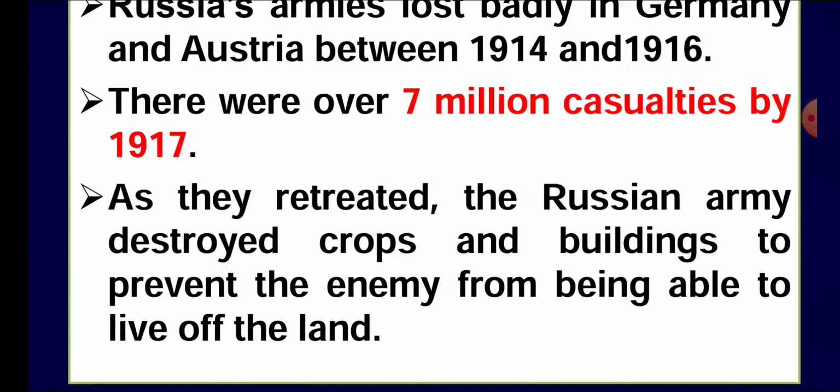Even when the armies returned or retreated back, they destroyed crops, buildings, and many livestock. So there were severe impacts of this First World War on Russian industries, Russian agriculture, the Russian economy, even on the lives of the people.